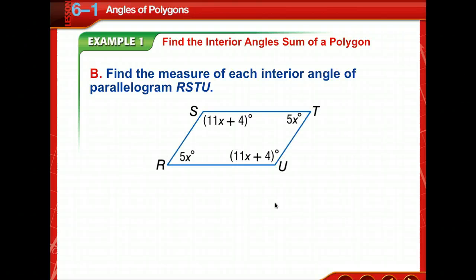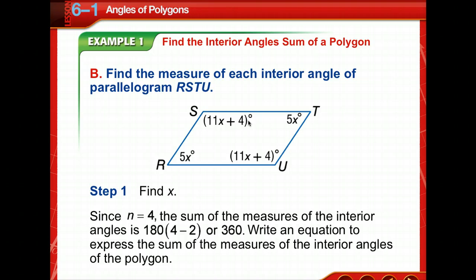Now we're going to find the measure of each interior angle of this parallelogram, STU. So first of all, how many vertices are there? It's got 4 sides, so n is equal to 4. So the sum of the measures of the interior angles is 180 times 4 minus 2, or 180 times 2, which is 360.